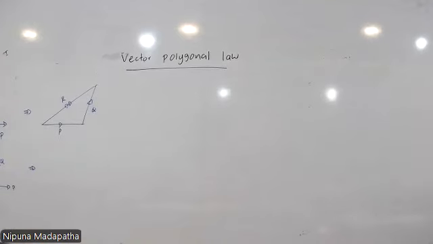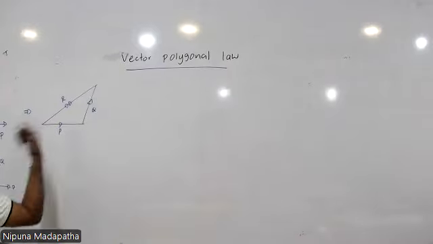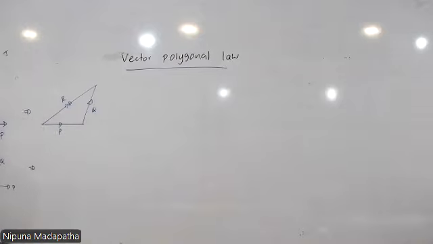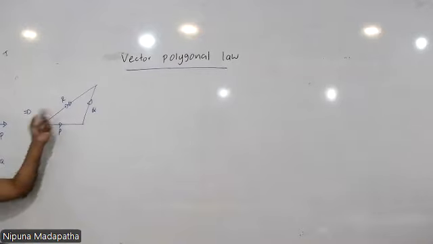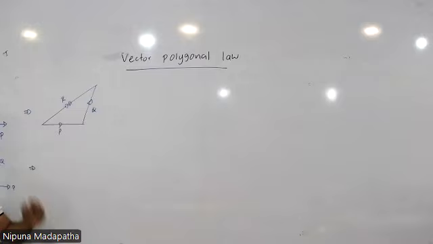So what polygon do you need to draw? If you need to add two vectors, you draw a triangle. A triangle has three sides, so the vectors are two sides of the triangle and the closing side is the result.